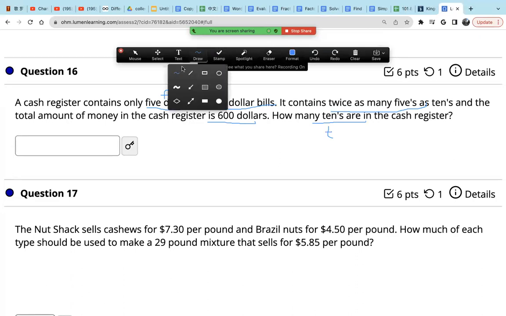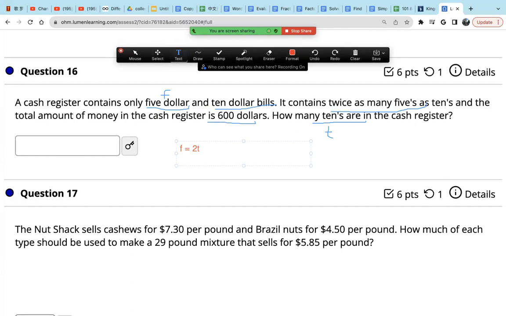So we need to form an equation. First, it says twice as many fives as tens. So that means F equals 2T. And second, the total amount in the cash is $600.